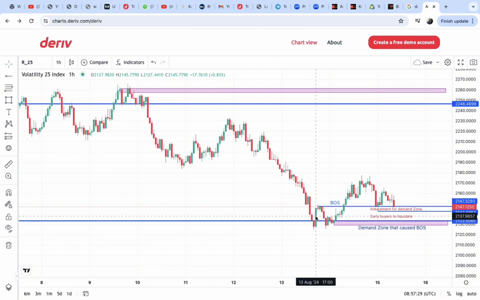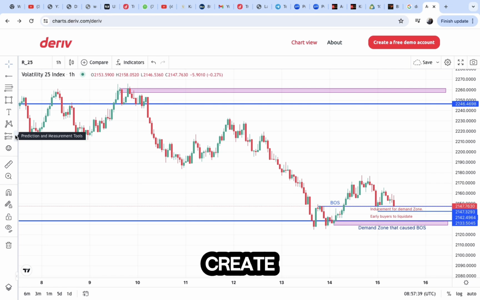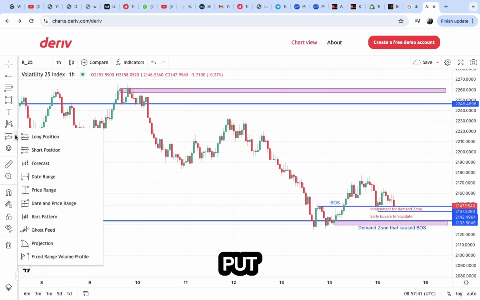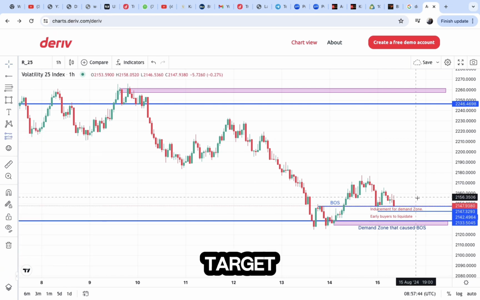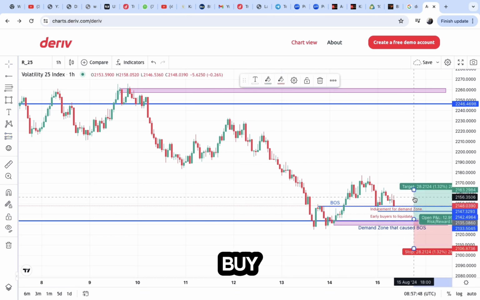What next? We have to wait for the trade to come to our demand zone. What comes up next is to create where we are going to buy from and put our stop loss plus the target. So we select the long position, that is buy.